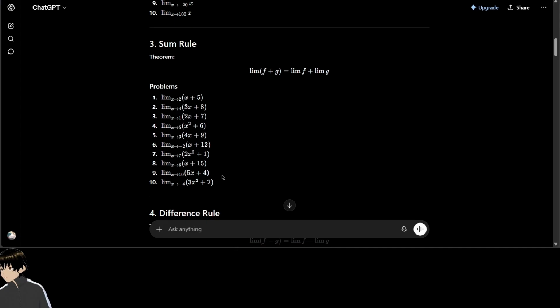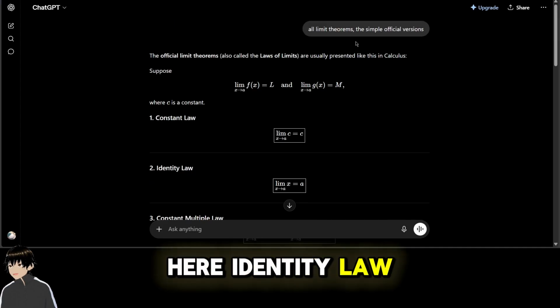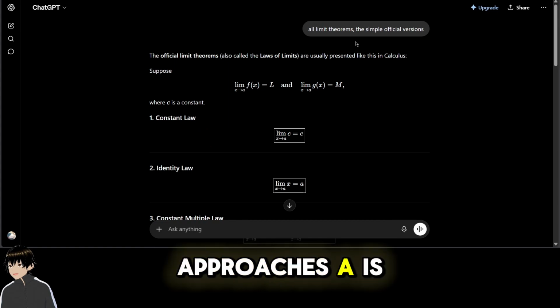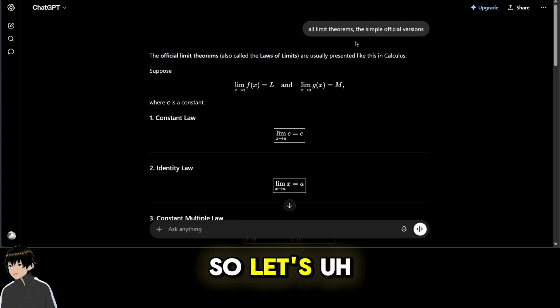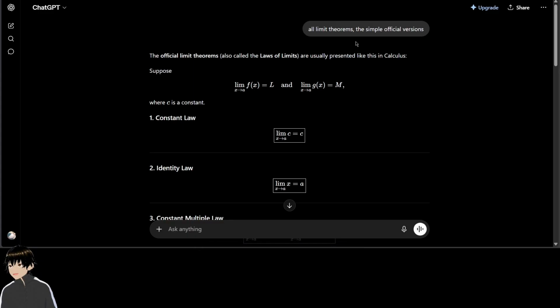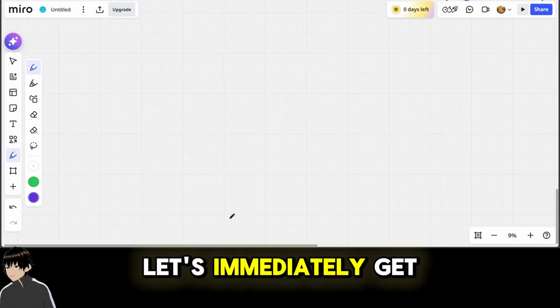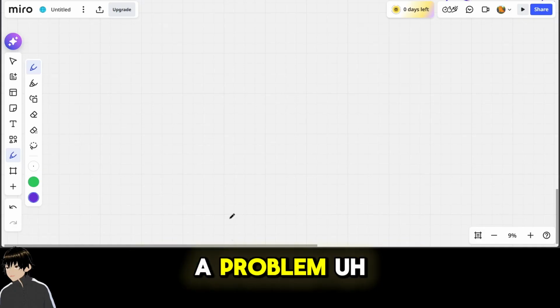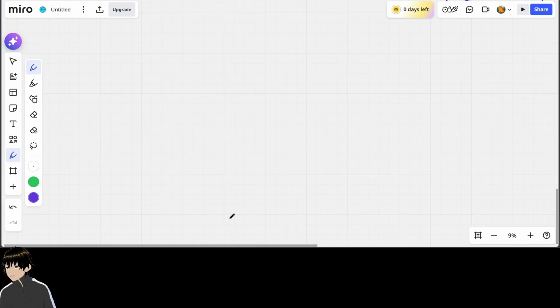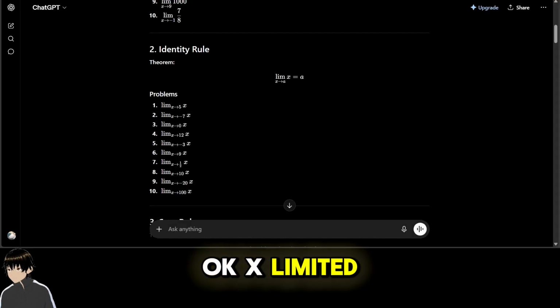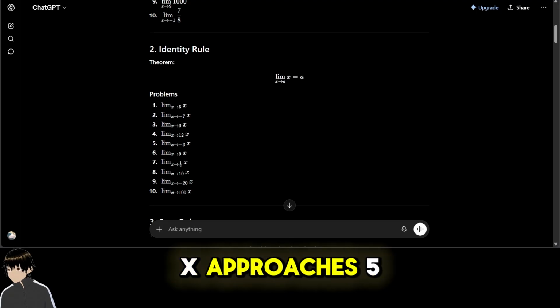The identity rule, or identity law, says the limit of x as x approaches a is equal to a. Let's immediately get a problem here. We have the limit of x as x approaches 5.